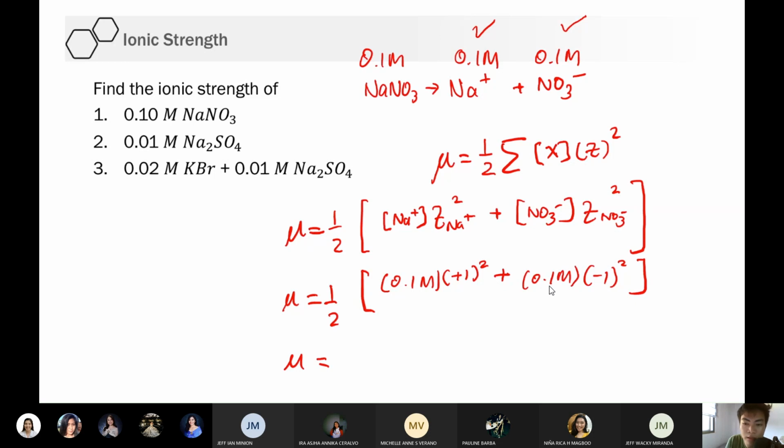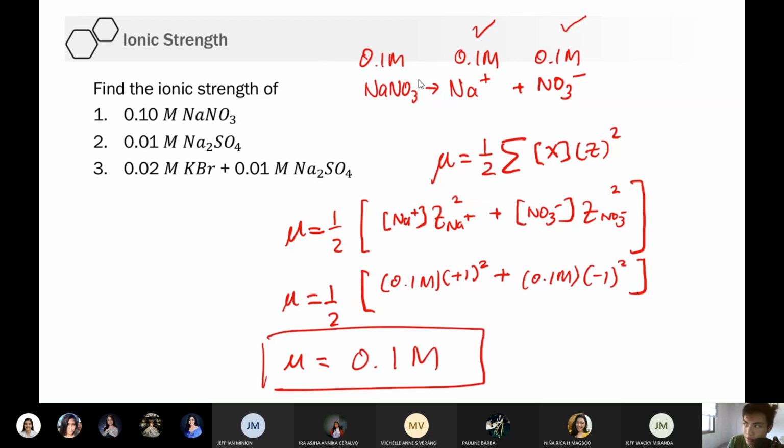If you add them, you get 0.2. You divide that by 2. So overall, the ionic strength is 0.1 for this solution. You can type this in your calculator or solve it mentally. So that is the ionic strength of this diverse ion solution.